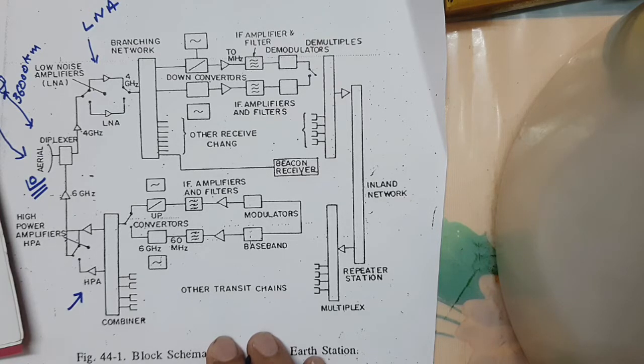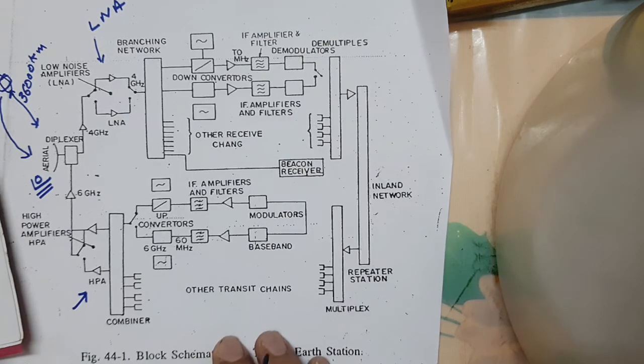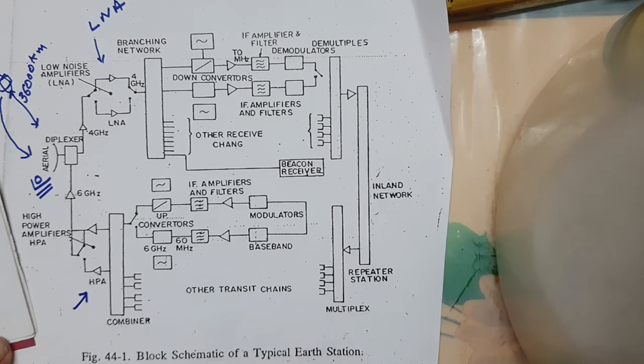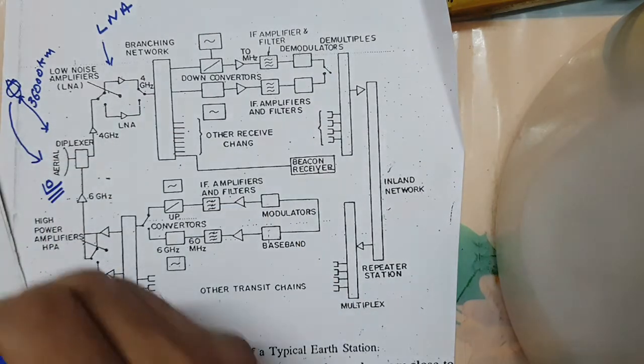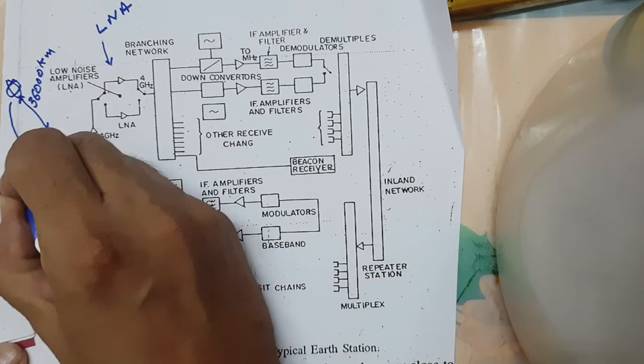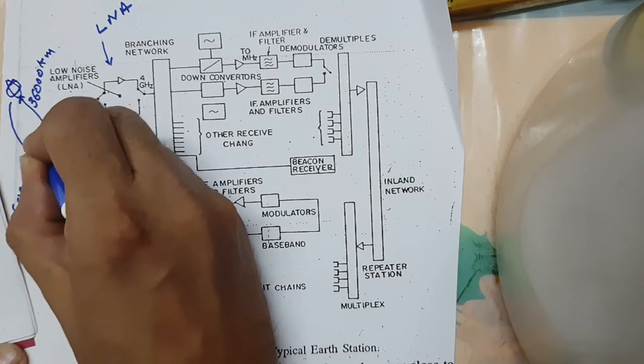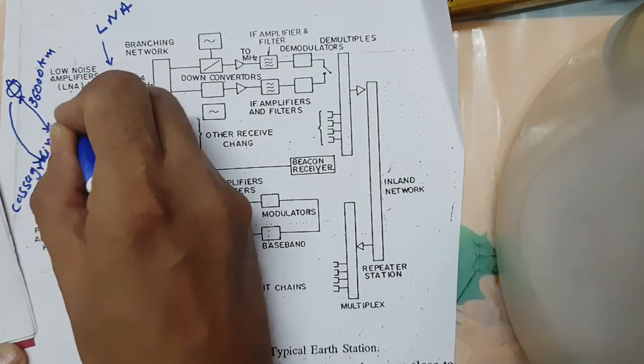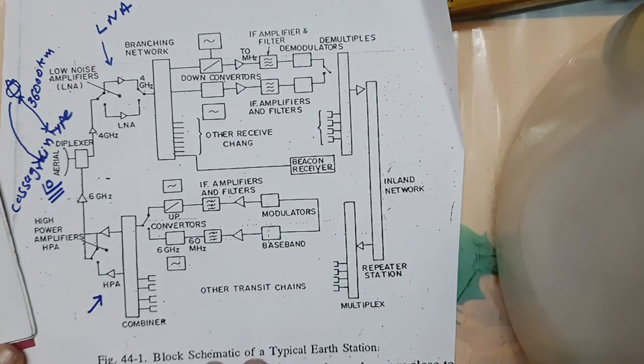A typical type of antenna mostly used for this purpose is the Cassegrain type. So we are using the Cassegrain type of antenna.